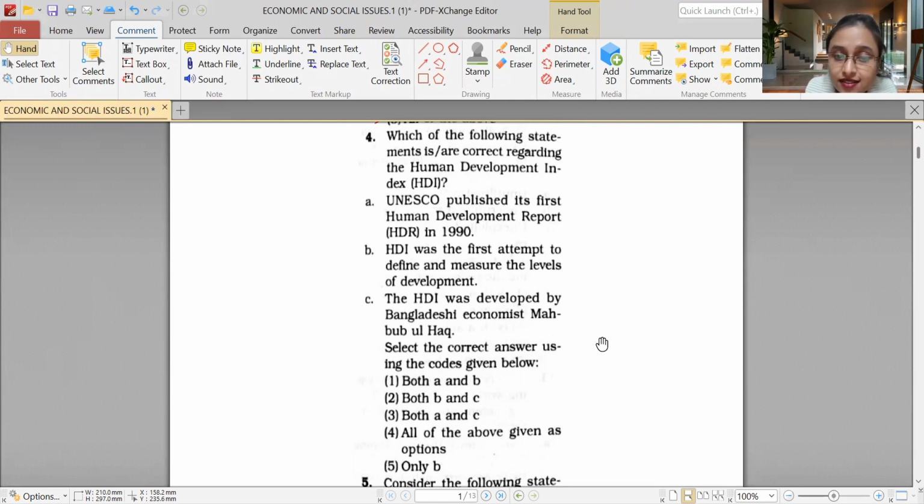B, HDI was the first attempt to define and measure the levels of development. C, the HDI was developed by Bangladeshi economist Mahbub ul Haq. The answer codes are: 1, both A and B; 2, both B and C; 3, both A and C; 4, all of the above; 5, only B.